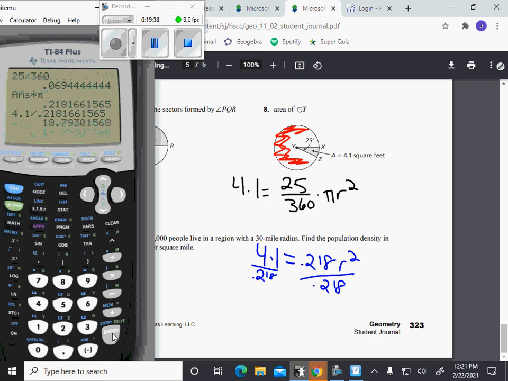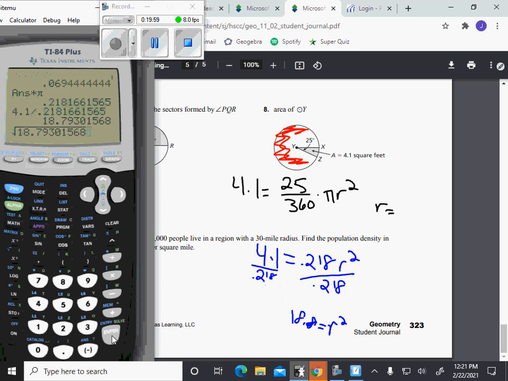Good. And now we're left with r squared equals 18.8. How do we solve for r? We have to take the square root of both sides. So r is going to equal the square root of this number. We get 4.3. So r is 4.3.